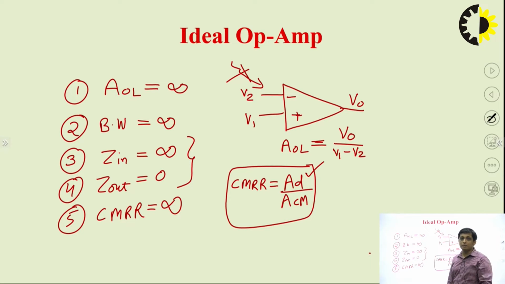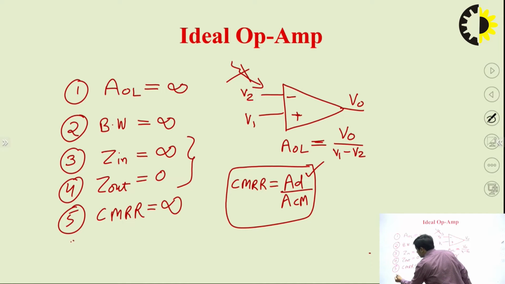The op-amp is very useful for this, because if the voltage at both input terminals is the same, since it's a difference amplifier, the difference will be 0. So no noise will propagate from input to output. That's the important aspect of the operational amplifier.